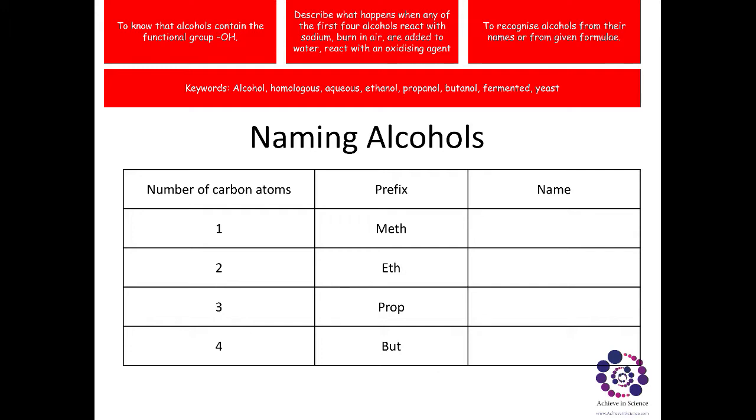So if it contains 1 carbon, it's meth, 2 carbons, eth, 3 prop, 4 but. MEPB. With an alcohol then, we need to finish off its name. All alcohols will end with anol at the end of them. So we form methanol, ethanol, propanol and butanol.